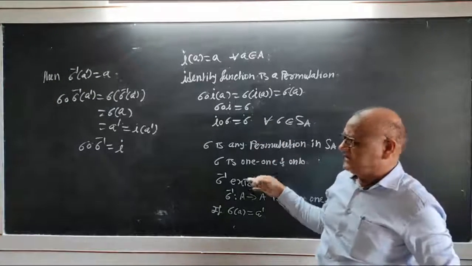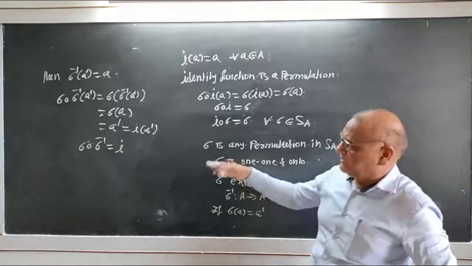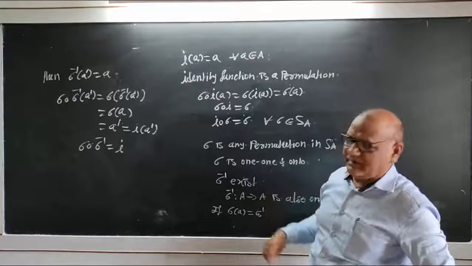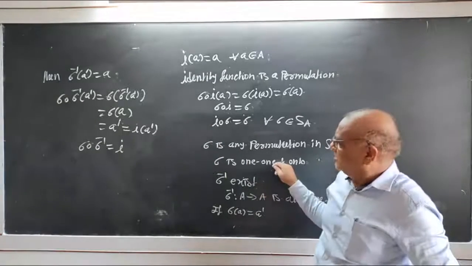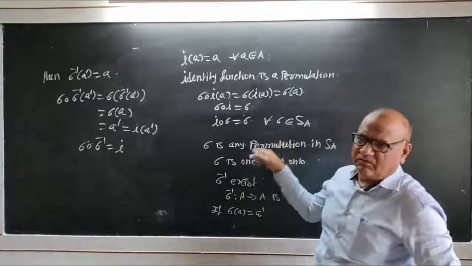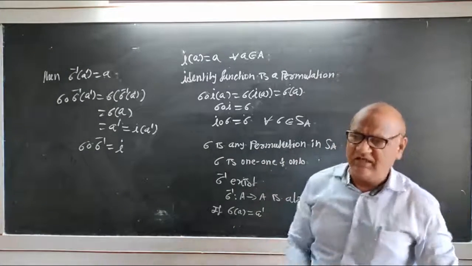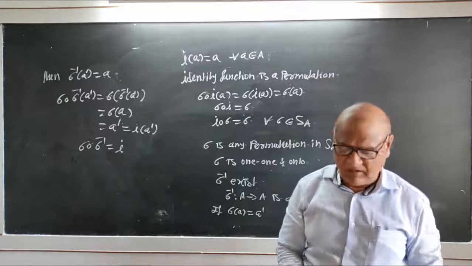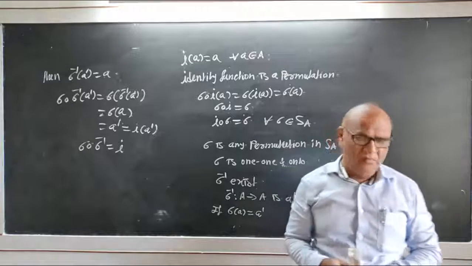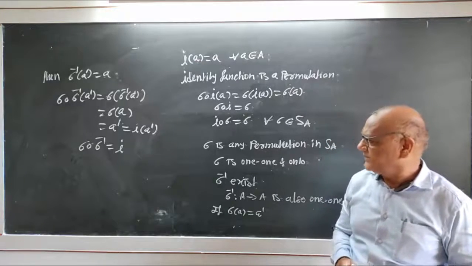If sigma is any permutation, then sigma inverse is also a permutation, and sigma into sigma inverse is the identity function. So sigma inverse exists, and all conditions of a group are satisfied. So SA is a group under permutation multiplication.